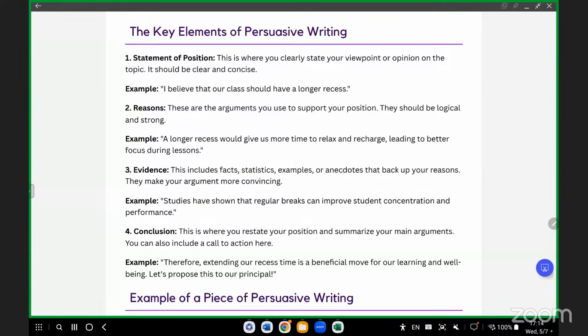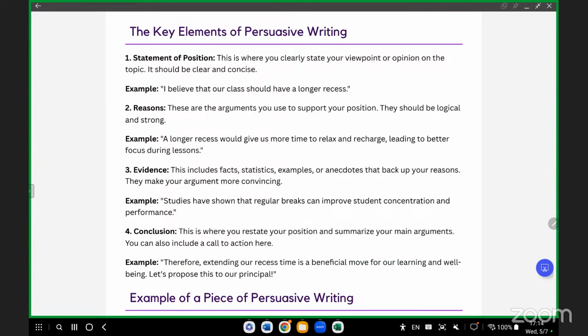Next up, we're looking for reasons. And in the teal paragraph, this is the same as our explanation. So these are the arguments that you will use to support your position. They should be logical and strong. So logical, we're just looking for them to make sense, be a good reason.